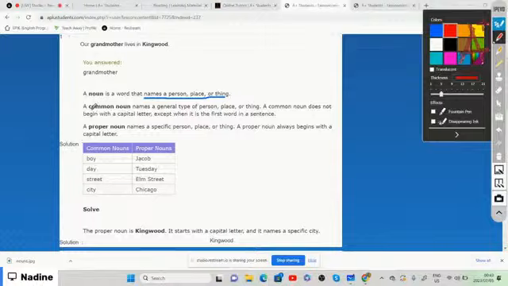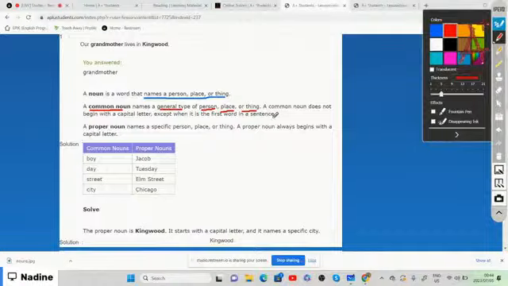Now we have common nouns as well as proper nouns. And a common noun names a general type of person, a general type of place, or a general type of thing, right? And a common noun does not begin with a capital letter. Remember when we write certain nouns, say, for example, girl, boy, dad, teacher, right?